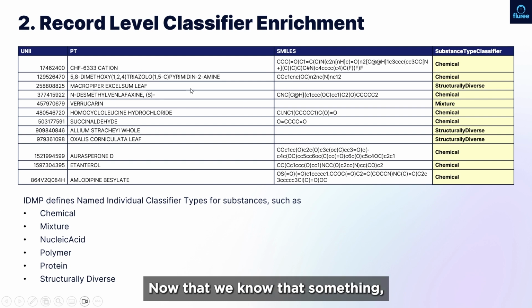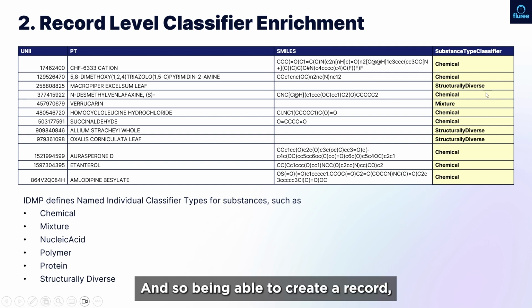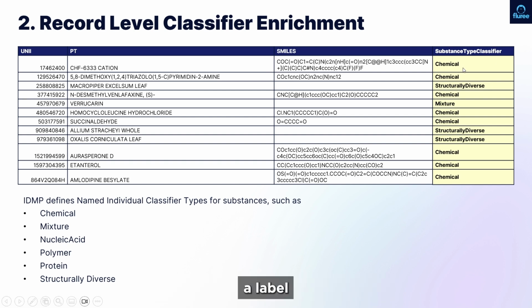Now that we know that something is a substance, can we read the properties of a substance class? And then for each instance of that substance, help the machine find the patterns to determine whether something is a chemical or a mixture or a nucleic acid, etc.